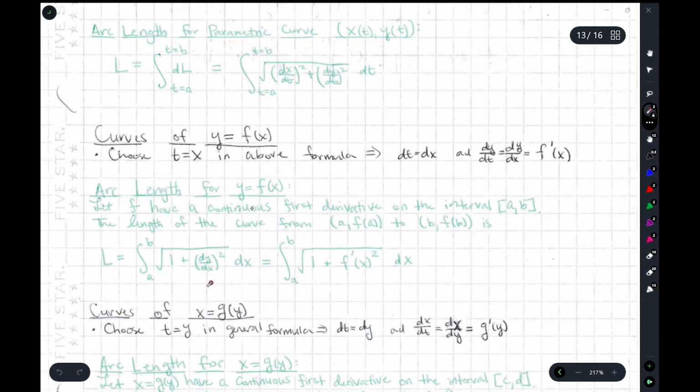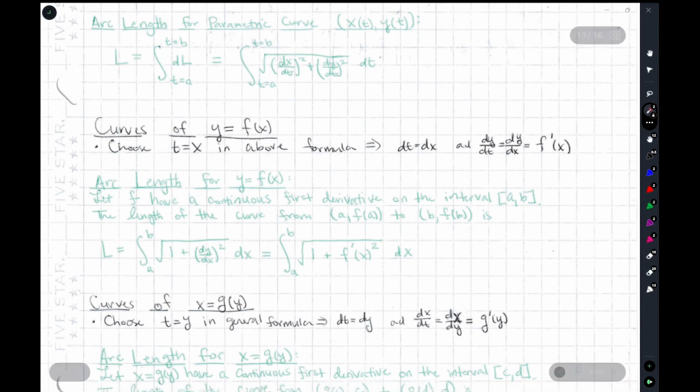So our formula will get dx over dx, which is just 1, and that's where that's coming from. And dy/dt becomes dy/dx, and that's equal to f prime of x. And so here's our final formula for the arc length of a curve given as a function of x.